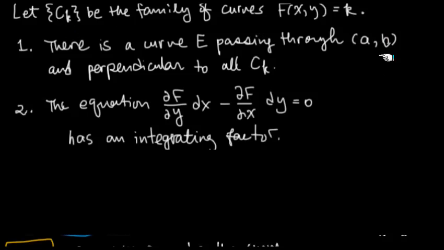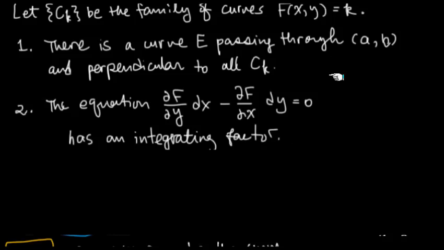So that is our orthogonal trajectory problem, but here's a different problem. This is a differential equation, so forget about the shape of the coefficient of the dx part and the coefficient of the dy part. And this differential equation in differential form has an integrating factor. That's a statement, whether you can find it or not. Let's suppose that it has an integrating factor.